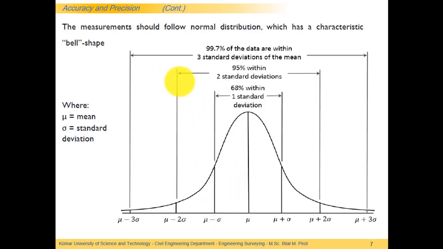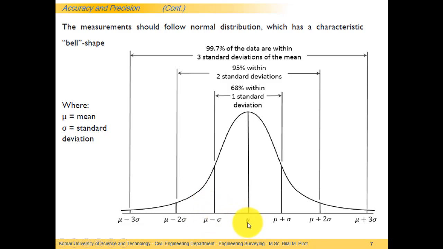In this figure, standard deviation or precision will be clear. As you see, if you have, for example, 7 readings or 6 readings, this may be the first reading, this may be the second, the third, and also we have those readings likewise. So the average or the mean of those readings is here. It is exactly on the center. And then we have a distance between the mean and this data.